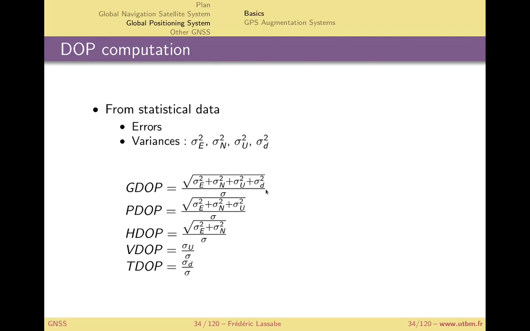While using everything, you have the global DOP with x, y, and z. You have the point DOP. With only x, y, you have the horizontal DOP. With only the z one, you have the vertical DOP, and with the distance, so the time, you have the time DOP.